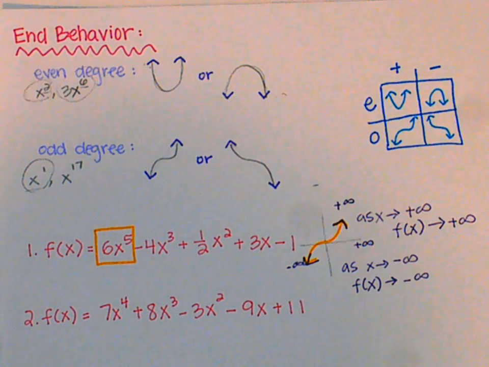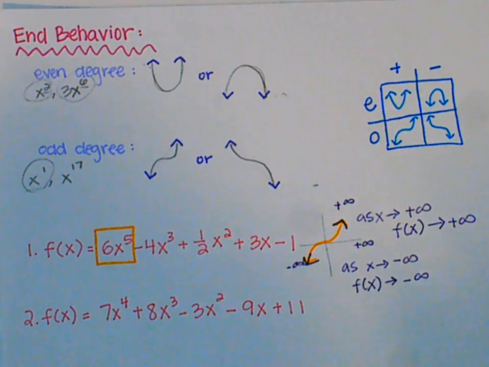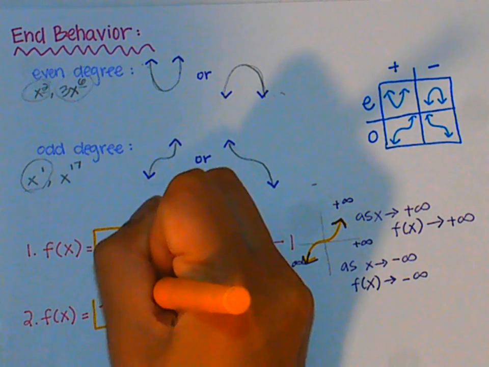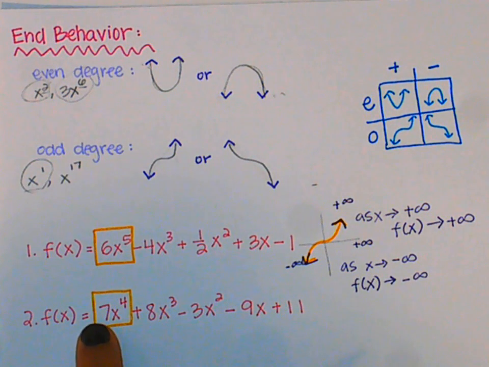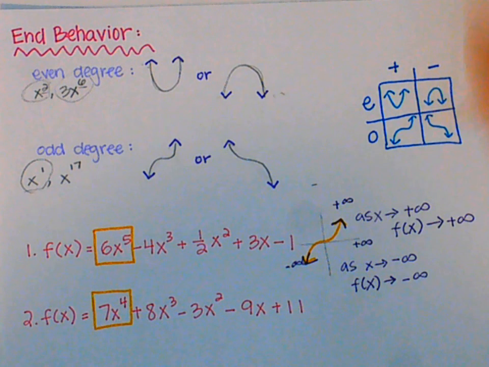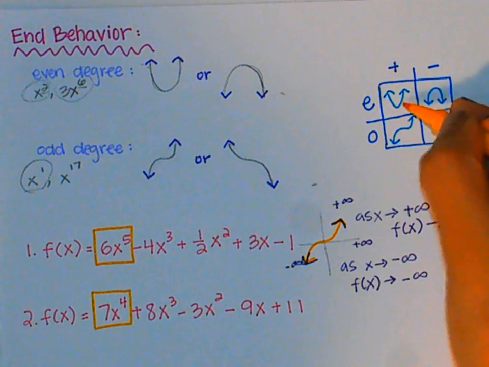So let's look at this next one. Again, I only care about this one here. Again, it's positive. It's a positive 7, so I'm going to be looking at this, and it's a 4. So it's even. So I'm looking at this shape here.